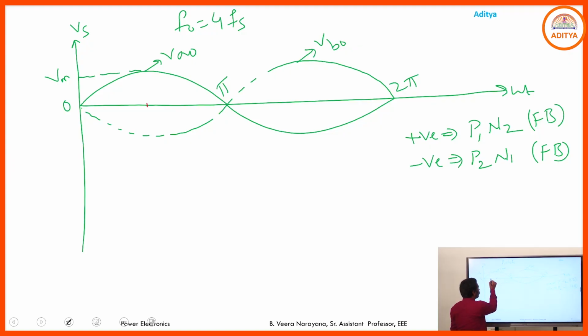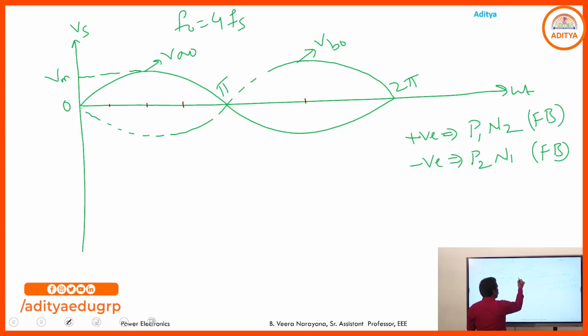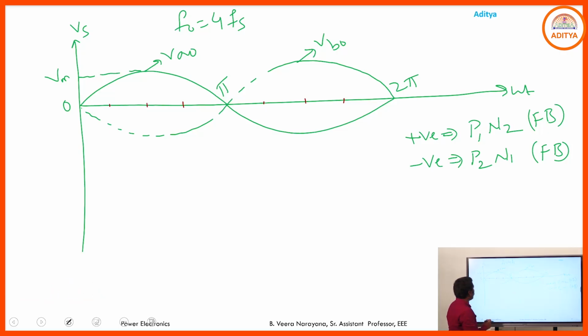In this half, you are able to complete positive cycle, negative cycle, and you divide this half cycle of the source voltage into 2 halves. In this, you need to collect the positive portion and the negative portion. See, at omega t is equal to 0 during the positive half cycle of the supply, P1, N2 are in forward bias, N1, P2 are in reverse bias.